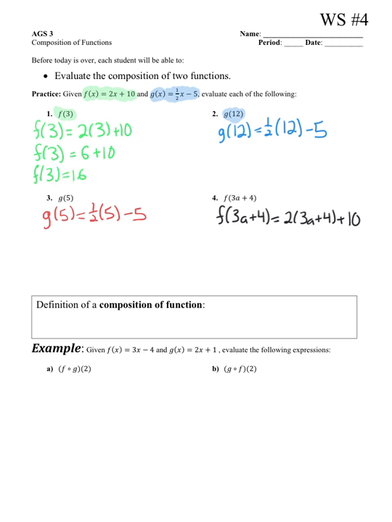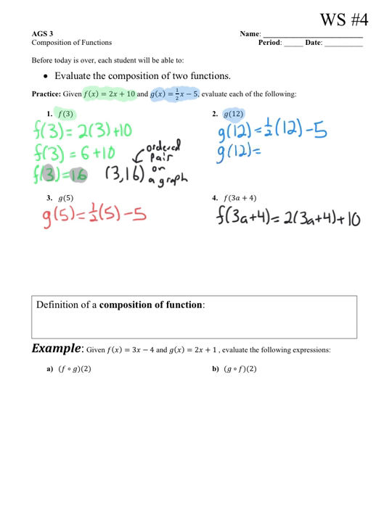If I were to write it as an ordered pair, this would technically be 3 comma 16. That'd be the point on the graph. That's the idea for these types of problems.